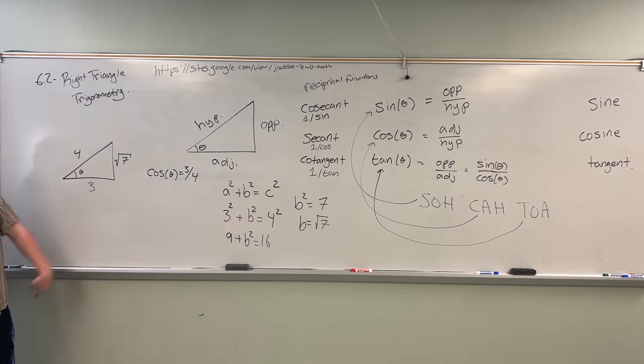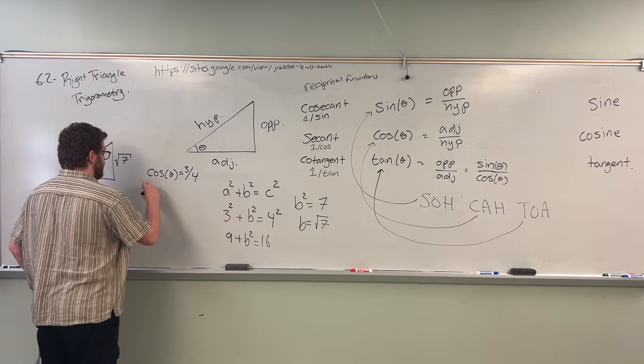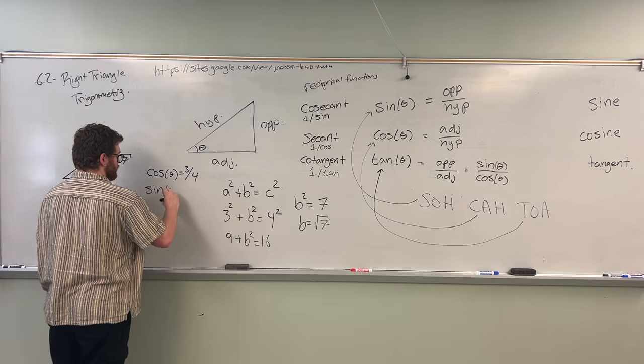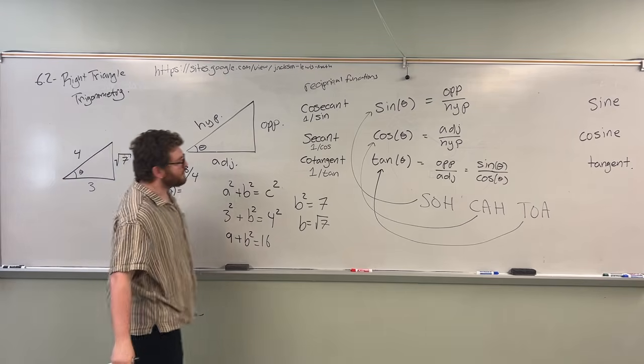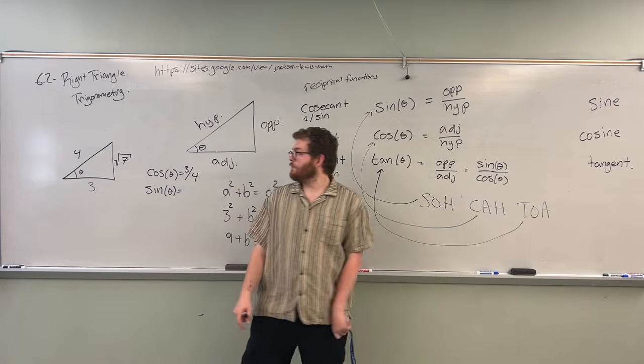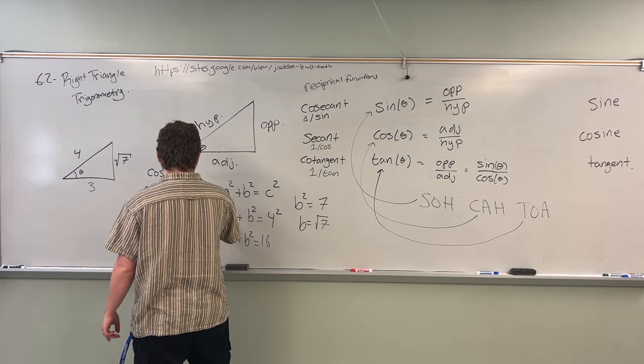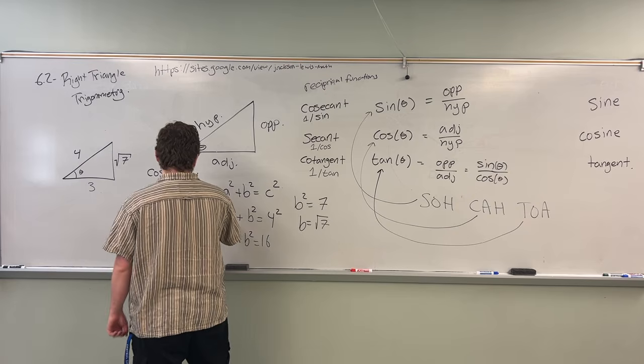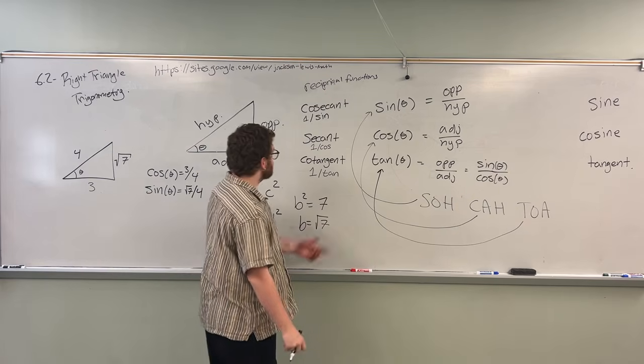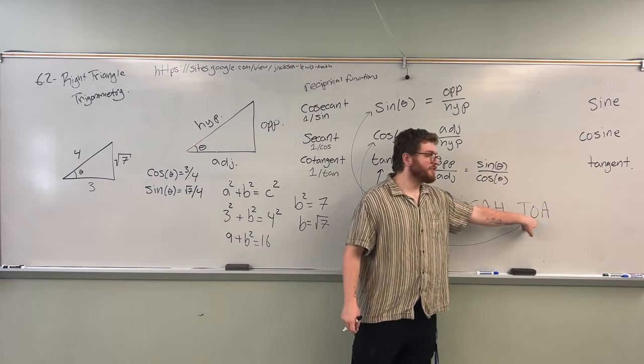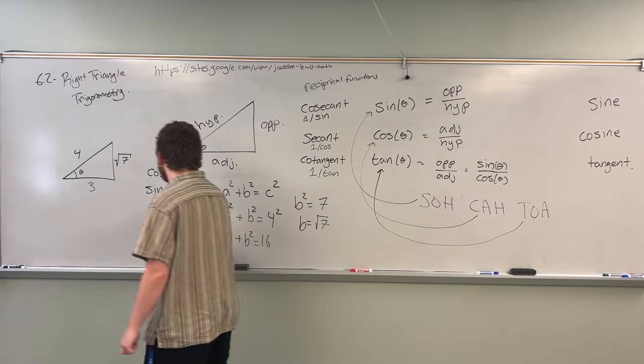Cool. So now that I have that, I can find sine. Right? Sine was what? Opposite over hypotenuse. My opposite is the square root of 7. My hypotenuse is 4. Tangent was opposite over adjacent.